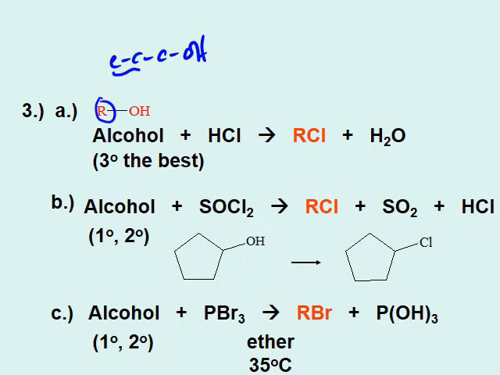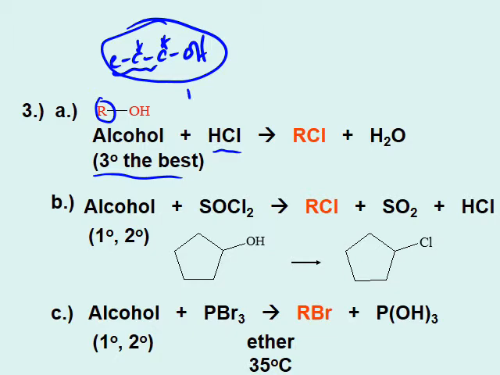In this case, this is the 3-carbon propyl group, so it's propanol, what I have drawn on top. Now, alcohol reacts with HCl, giving alkyl halide. This kind of reaction will happen only for 3 degree alcohols. The alcohol I've drawn on top is not 3 degree. It's a 1 degree alcohol. Why? Because this is the carbon that holds the functional group OH, and it is bonded to one other carbon, so it's a 1 degree alcohol.